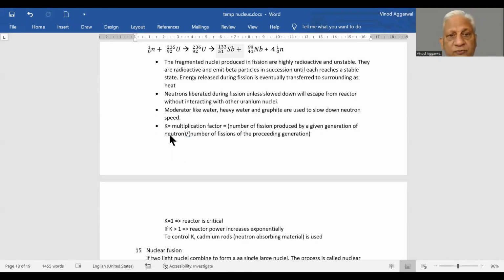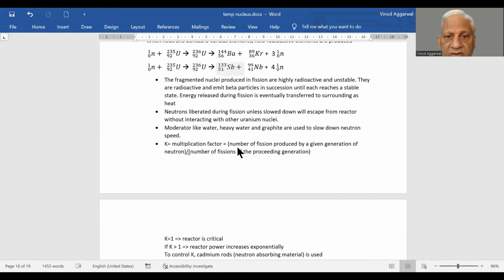Then to find out how fast this fission reaction is, there's a term called K, which is the multiplication factor. Multiplication factor is the number of fissions produced by a generation of neutrons to the number of fissions of the preceding generation.